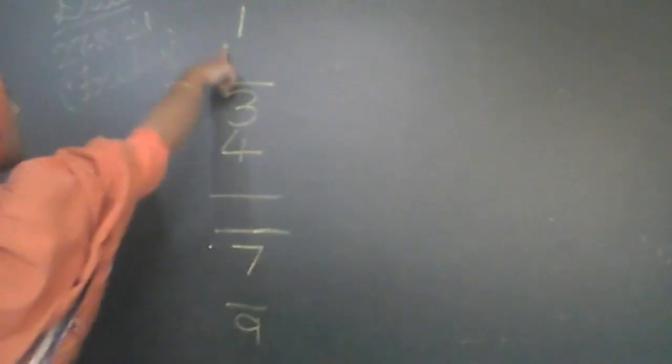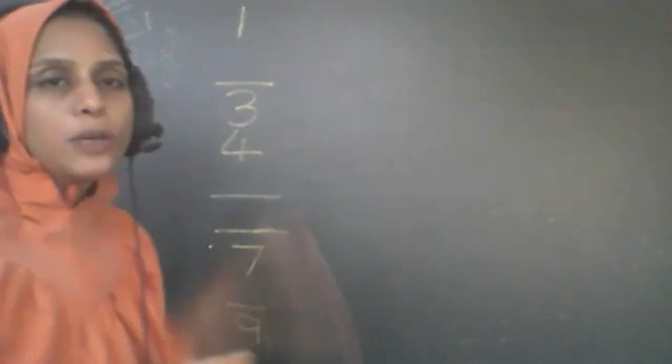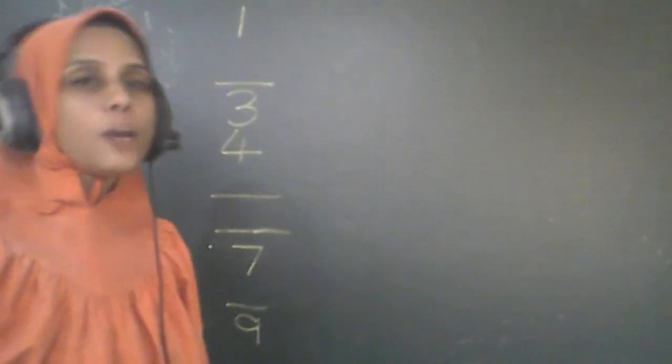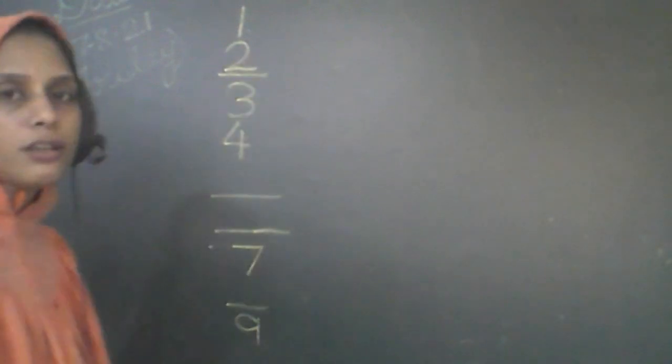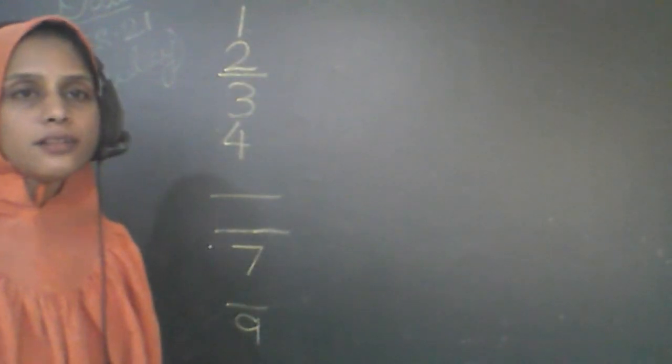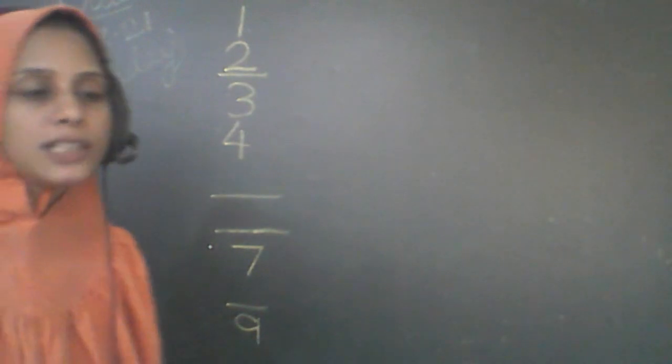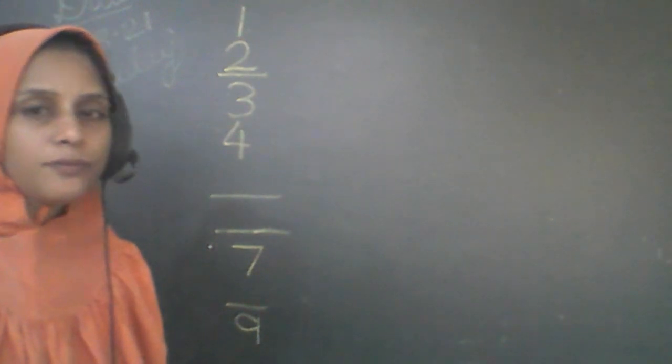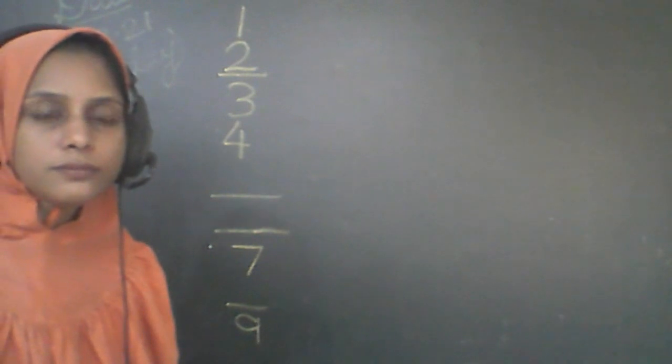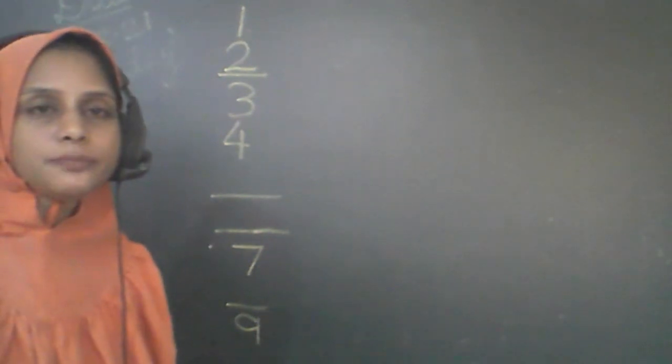Okay, so 1 is written. What do we have to write after 1? The missing numbers, the numbers which are left for writing, you have to write them. So we say the counting and then write. 1. So after 1, 2. Write down number 2 here. Say the counting and fill the missing numbers. Okay, Anaisha.